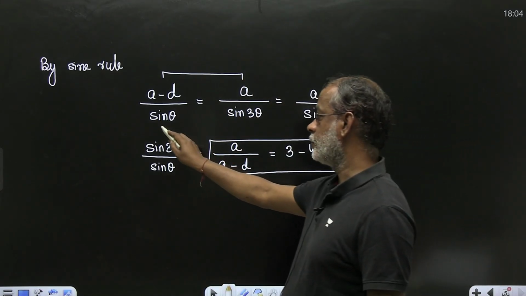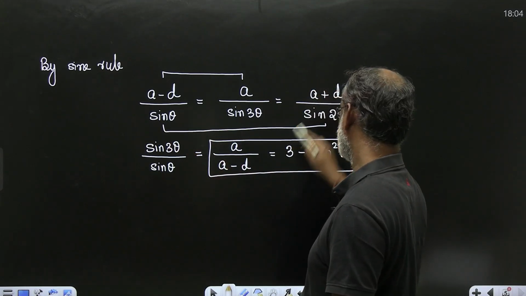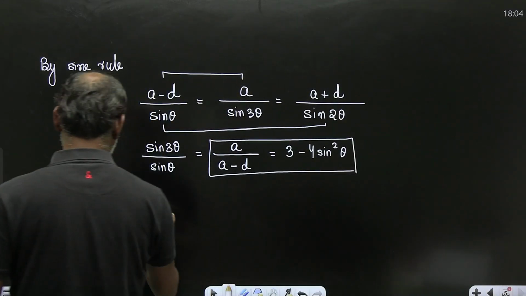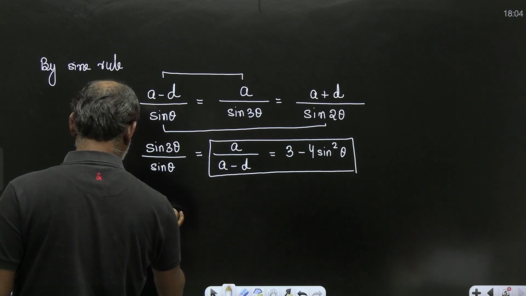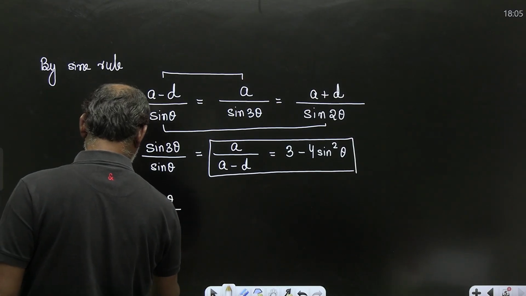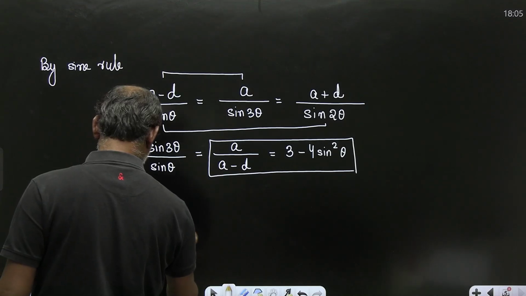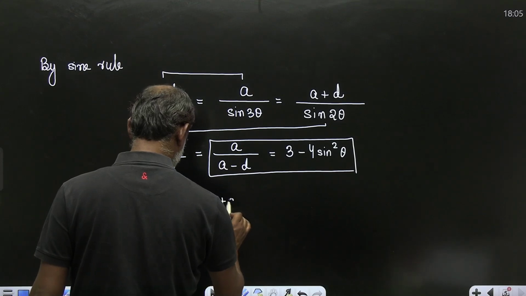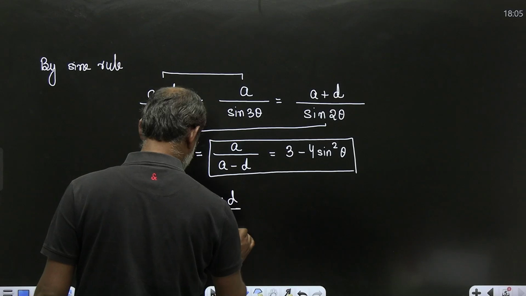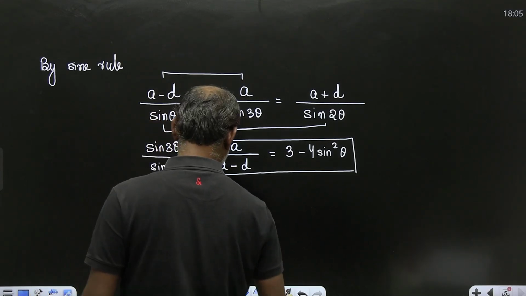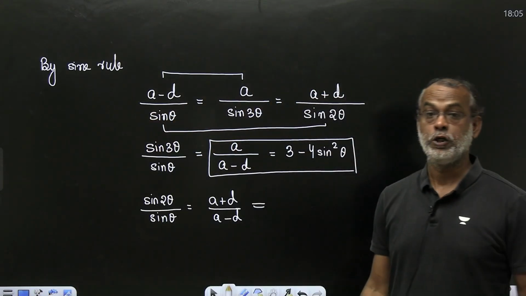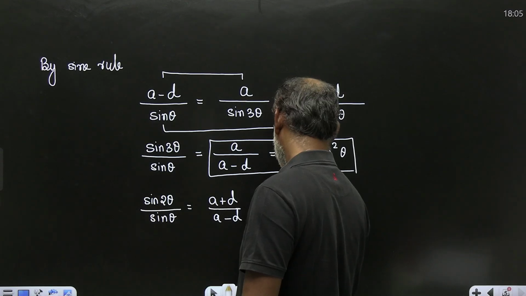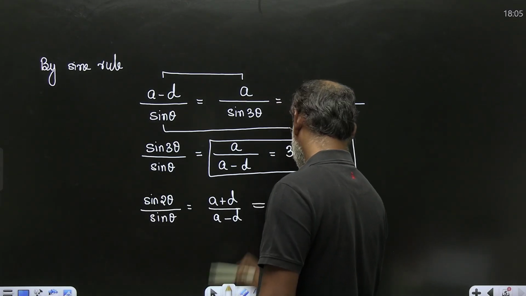If we take these two, what do we get? Sine 2 theta upon sine theta is what? Sine 2 theta is 2 sine theta cos theta. So this is 2 cos theta.